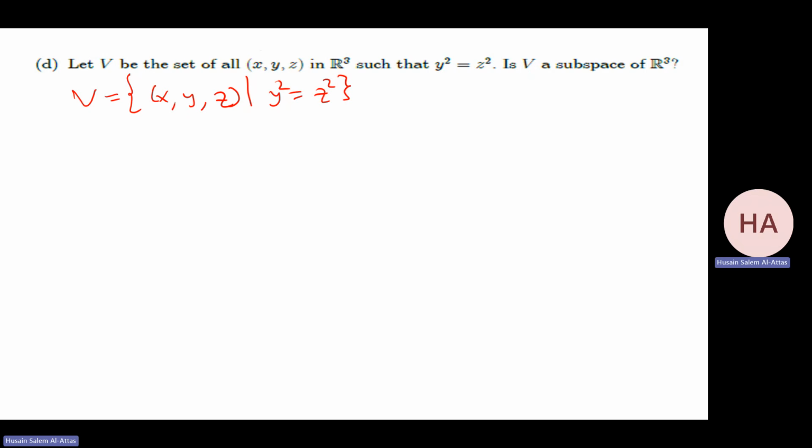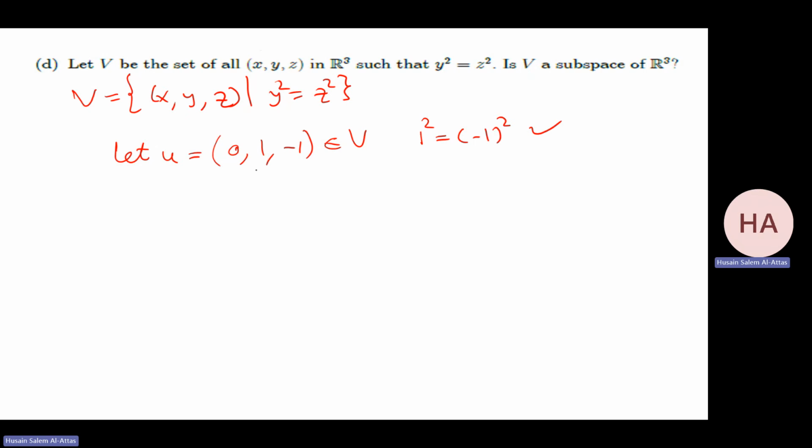Okay, so let u equal, for example, (0, 1, -1). This belongs to V, for sure, since 1 squared is equal to (-1) squared. So this is true.